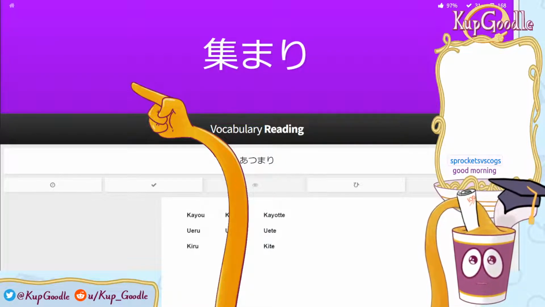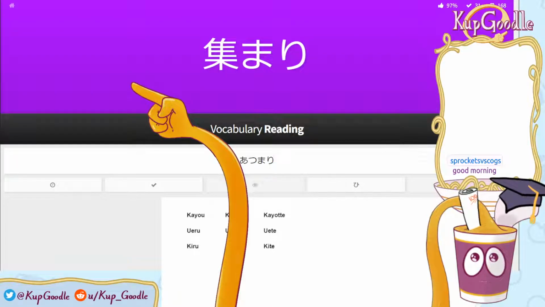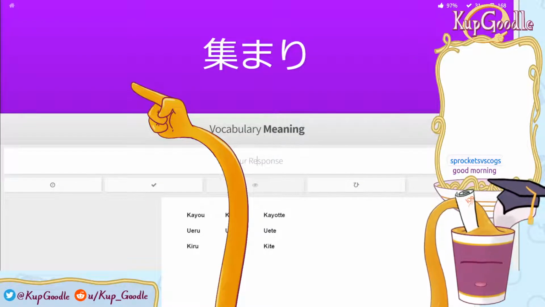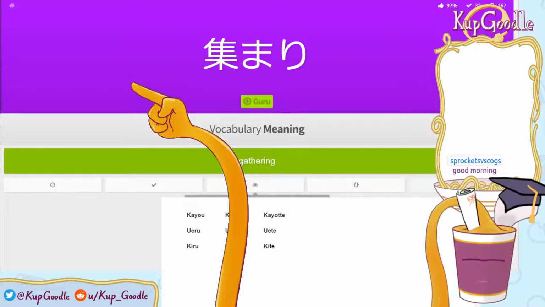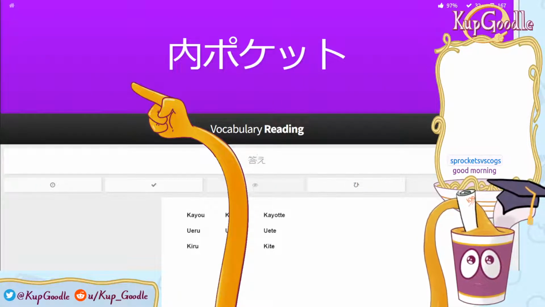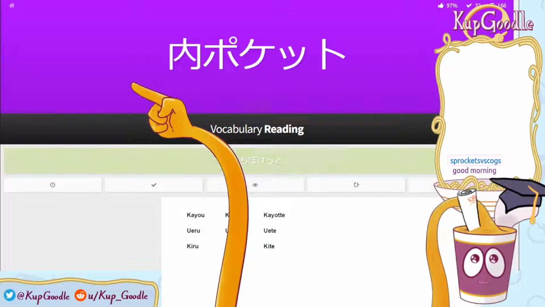Atsumari. It is a gathering of like people. Uchi poketto. Uchi poketto.